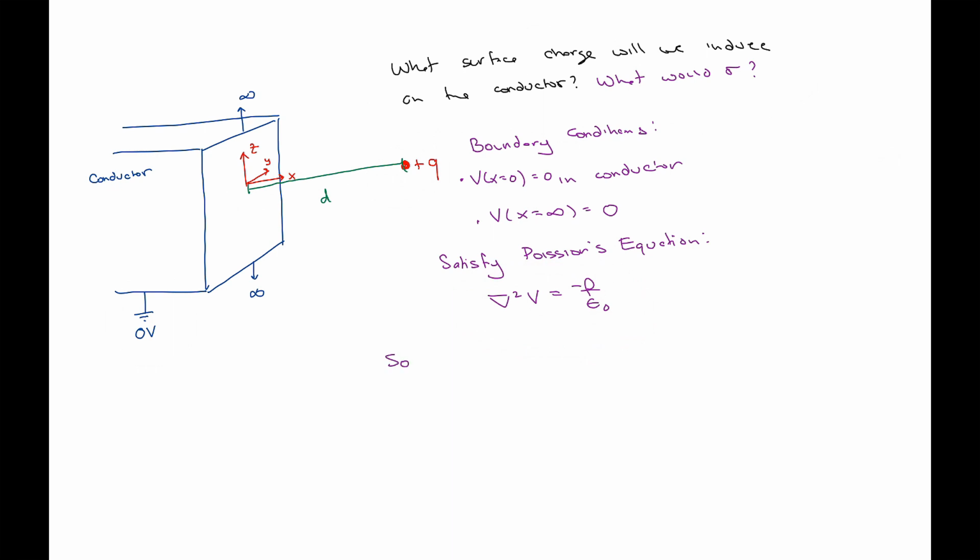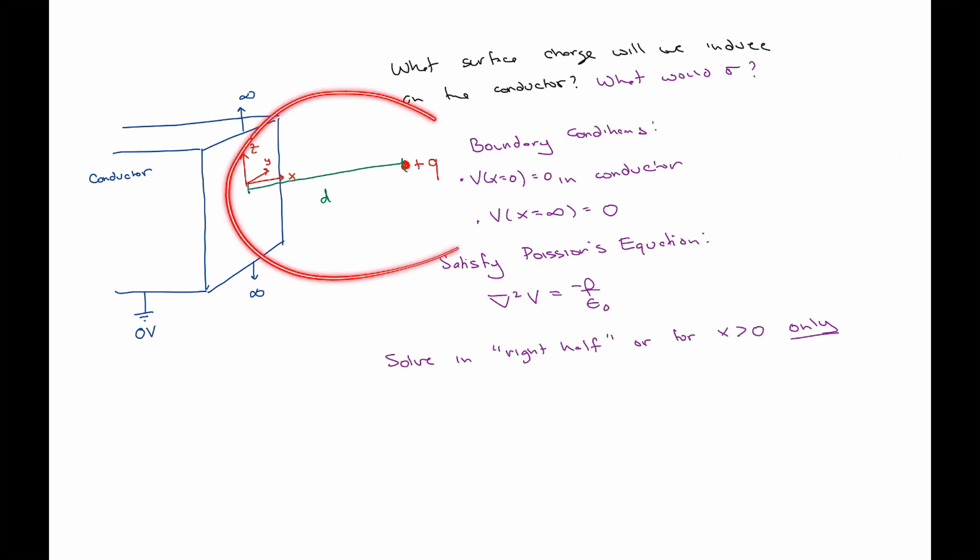All right, but I'm going to solve this in what I'm going to call the right half, or for x greater than 0 only, okay? And that's important because when I'm using this image method, I can only really solve for the region of space where I'm not going to put a bunch of these fake charges.